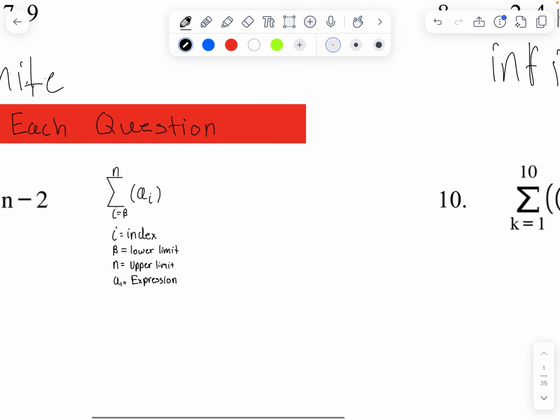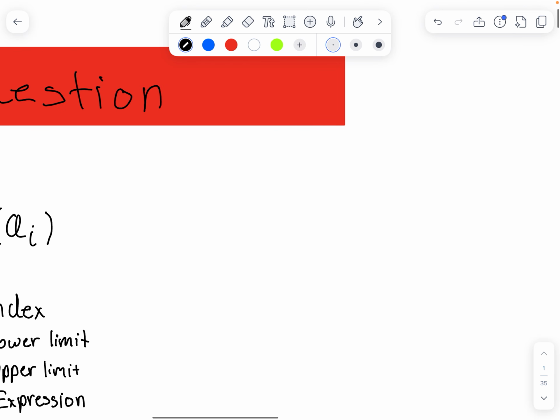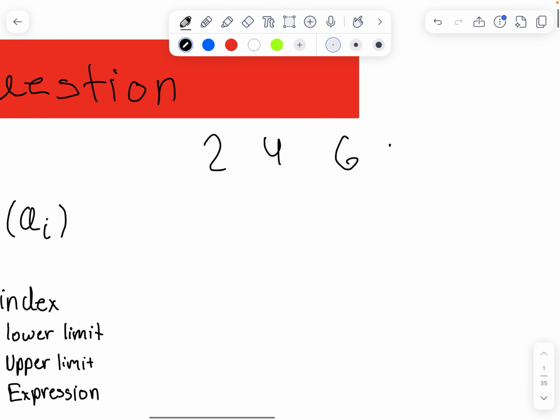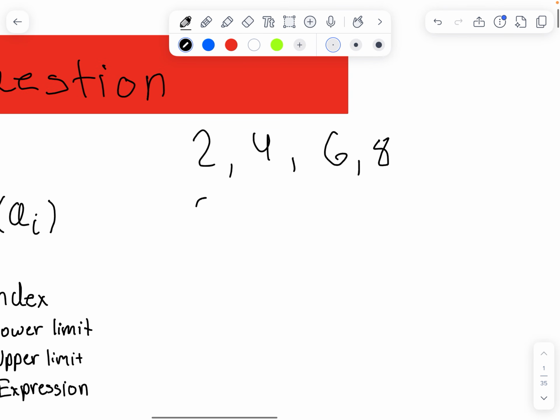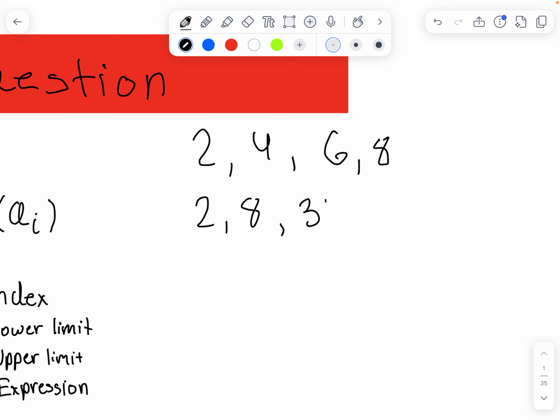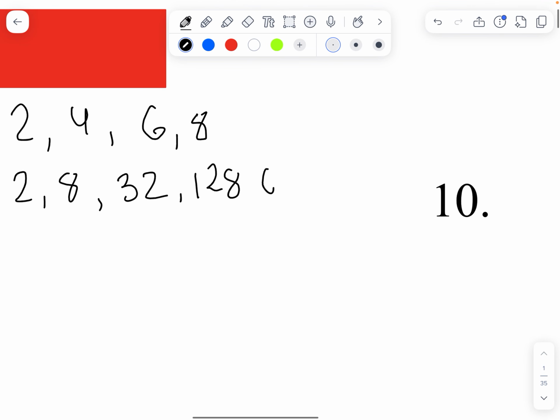But there's a difference between them. 2, 4, 6, and 8 are an arithmetic sequence because they have a common difference. But if we start at 2, and then go to 8, 32, and 128, this is geometric.